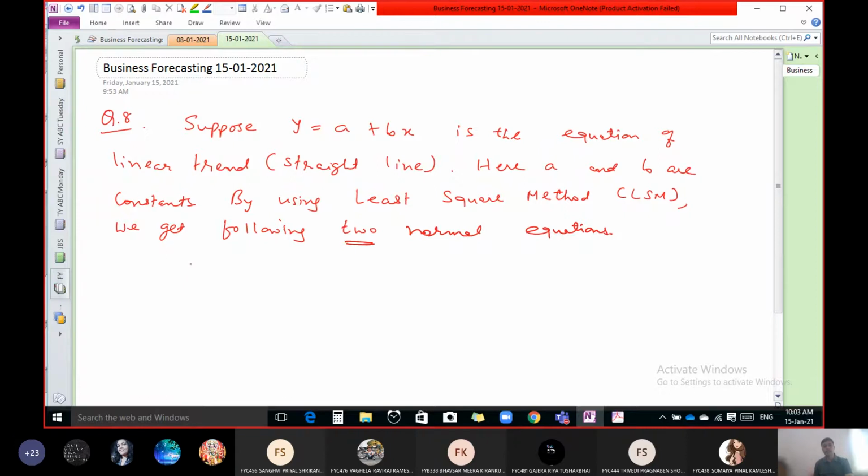Equation 1 is sigma y. Just you have to take sigma in each step of this y equal to a plus bx. In this equation, if we take summation in each step, it's like what? If we put x equal to x1, then we get y1 as the value. Maybe this is the first value, then the second value is like this, the third value is like this. So if there are n values, we get like this.